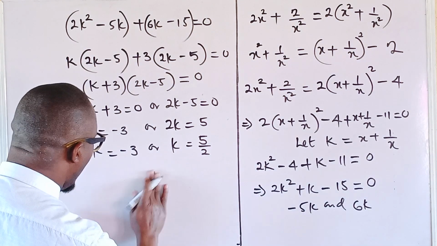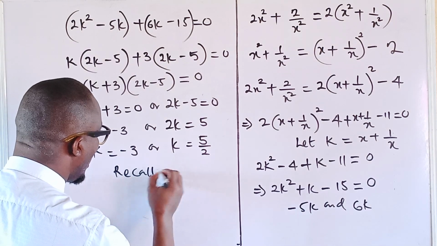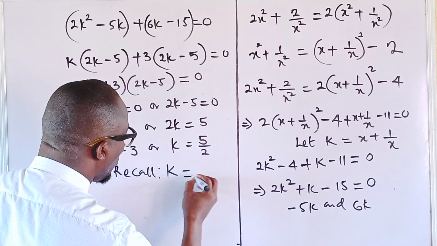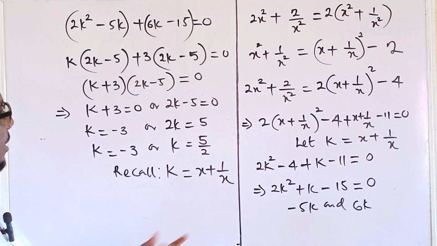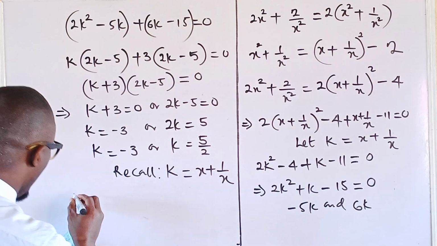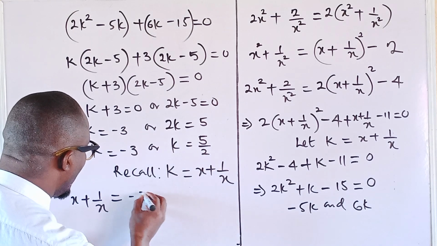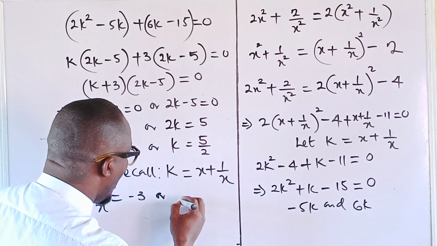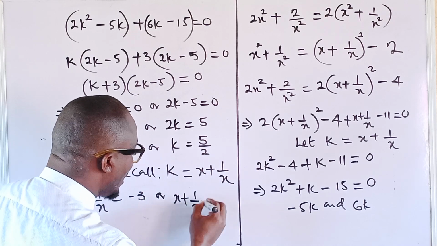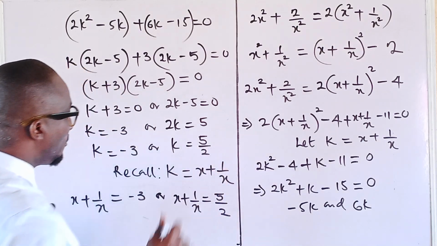You can see that I will recall that k is equal to s plus 1 upon s, and that's our target. So s plus 1 upon s is either going to be negative 3, which is the first value for k, or s plus 1 upon s equal to 5 upon 2, which is the second value for k.